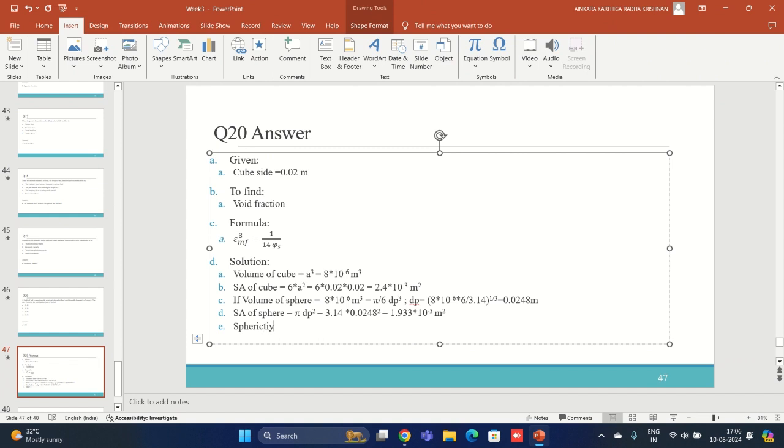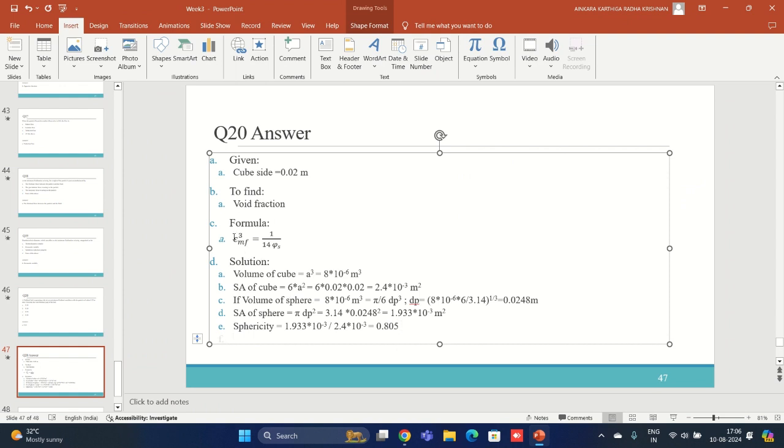Okay, now sphericity is equal to the surface area of the sphere divided by the surface area of the cube. So 1.933 divided by 2.4 should be 0.805. We all know the sphericity of a cube is 0.81, so that is what we got.